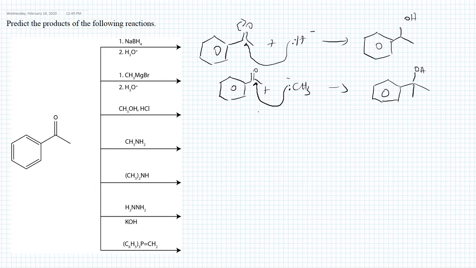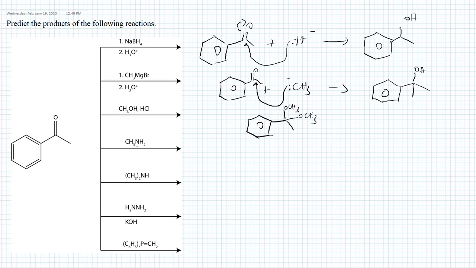So let's draw the acetal here. So we are going to add two methoxy groups to the carbonyl carbon, and the carbonyl oxygen is disappearing.